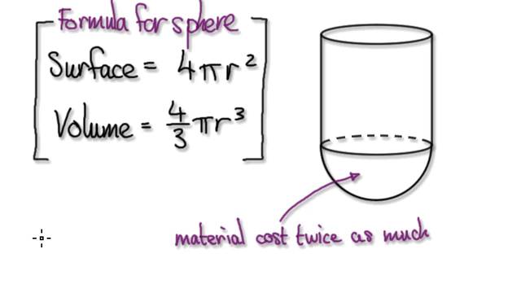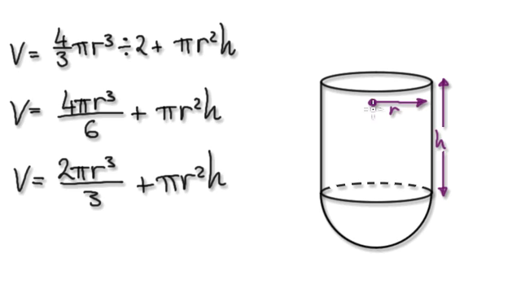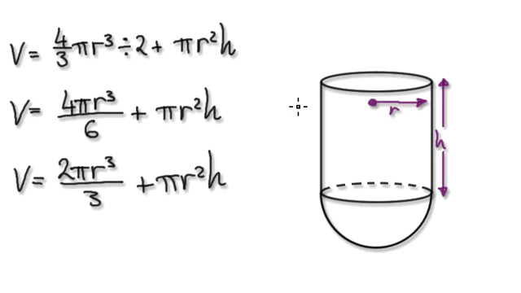Okay, so to do this, the volume for this container would be the volume of the whole sphere, cut in half, and then we add the cylinder itself.